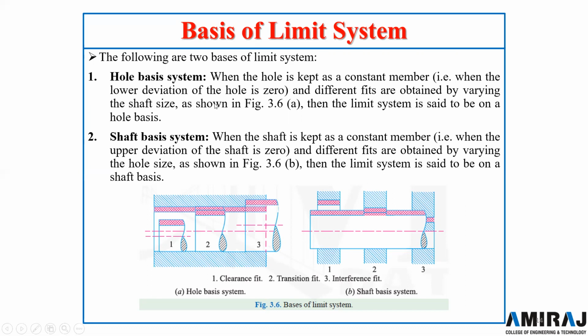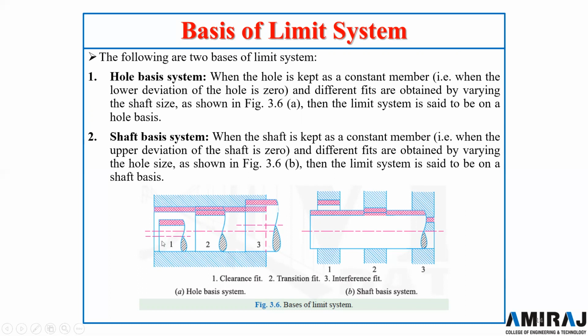So when the lower deviation of hole is zero. Now, what is lower deviation? The difference between the minimum size and basic size is the lower deviation, and the lower deviation is here 0. So the lower deviation is taken as the basic size, and the different types of fits are obtained by varying the size of shaft.